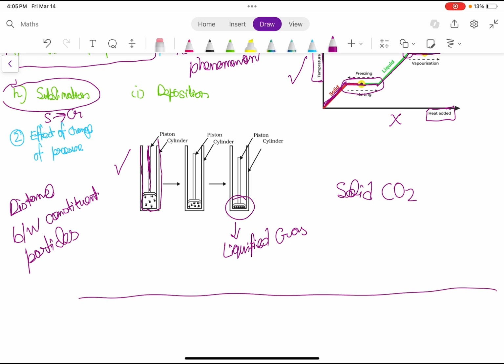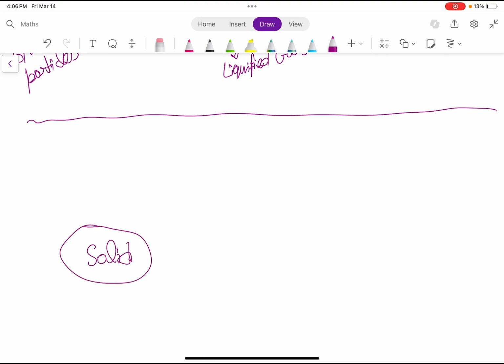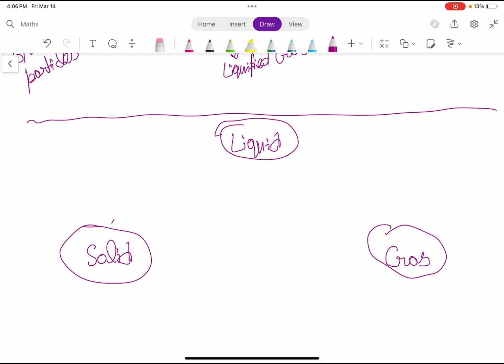So if we consider a summary of this video, we can draw this figure. Solid, here is liquid, and here is gas. This is called fusion. This is called vaporization.